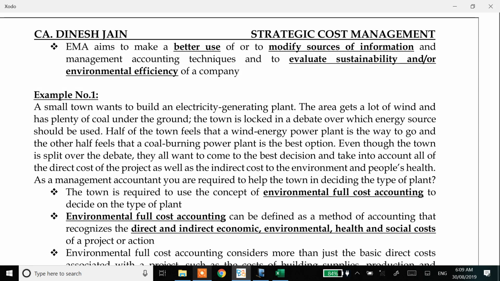When you go with coal, it will be emitting gases into the environment, so air pollution will get affected. Consider these facts in your analysis and then make a decision. I'm not making a decision, I'm just saying wind has this issue, coal has this issue, please do consider this and then make your decision.